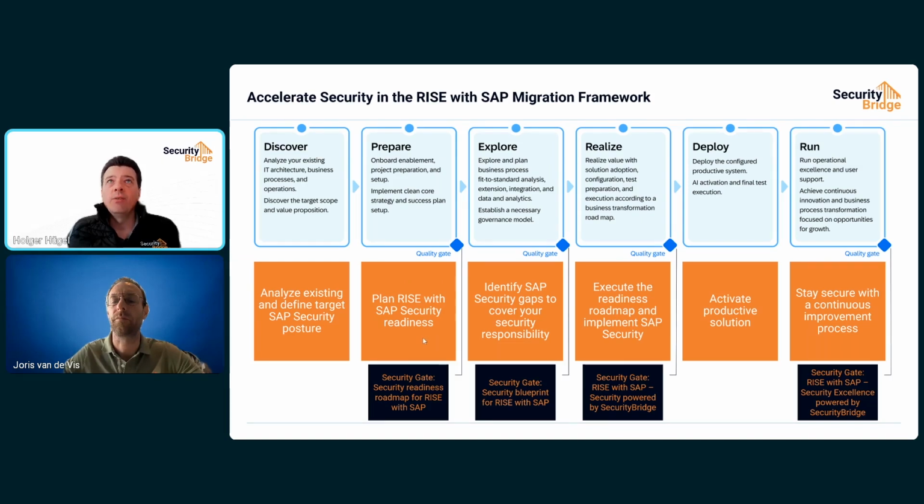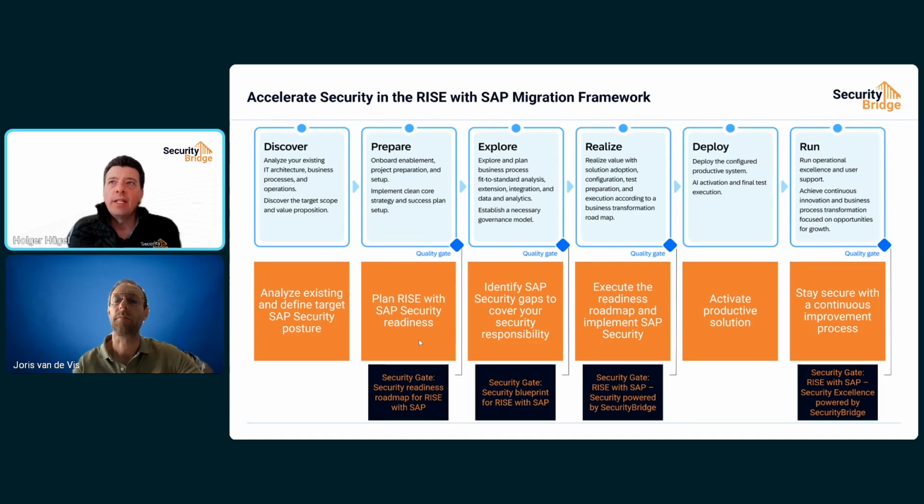And in the realization phase, you are just executing the roadmap that comes out of the SecurityBridge platform. It's there ready for you. You just need to go step by step and configure what's on that roadmap. The deployment would consequentially be very simple. You just deploy this across your applications and get the security into production.